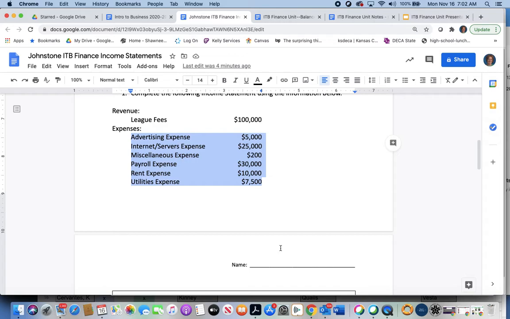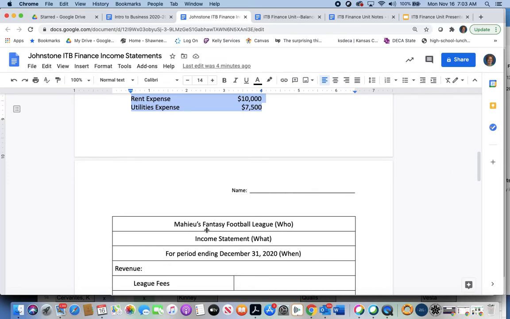Miscellaneous, $200. Payroll, $30,000. Rent expense, $10,000. And utility expense, $7,500. So down here, Mayhew's Fantasy Football, income statement, for period ending December 31st, 2020.